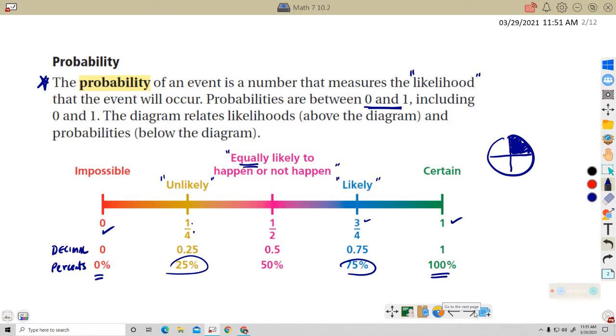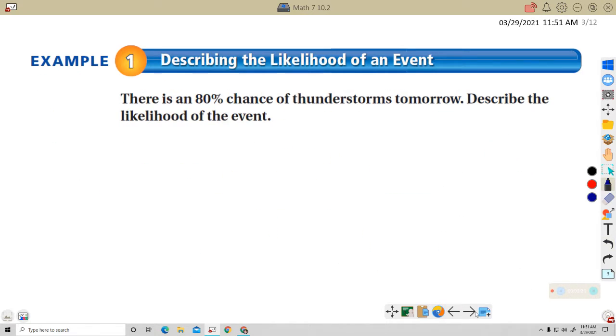Let's take a look at our question, shall we? There is an 80% chance of thunderstorms tomorrow. Describe the likelihood of the event. What's the closest number we had here? We had a 0, we had a 0.25, we had a 0.50, we had a 0.75, and we had a 1. I'll put 1.00 to be fancy.